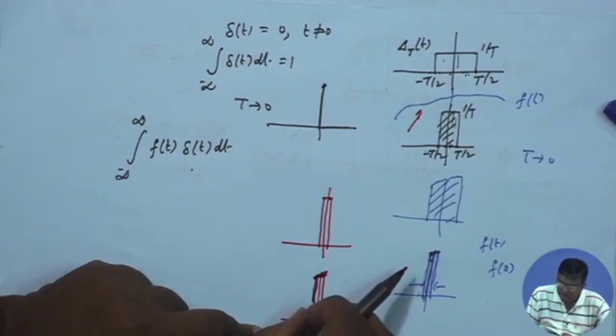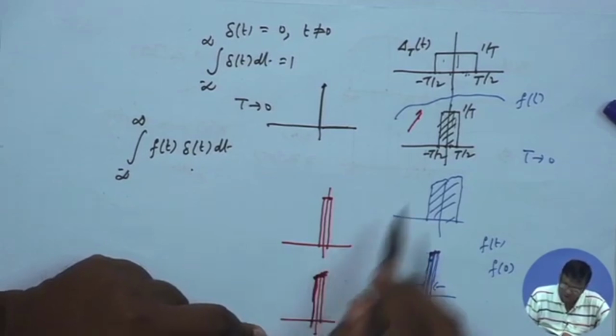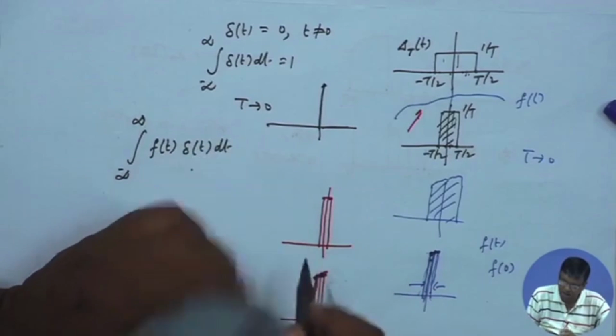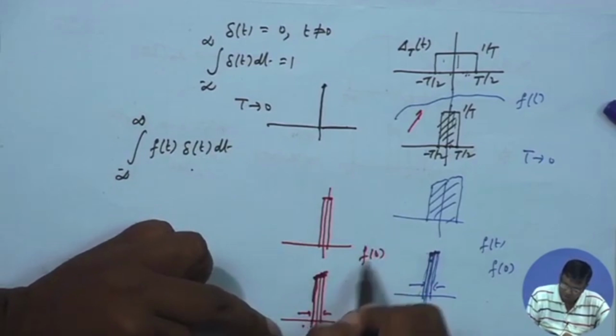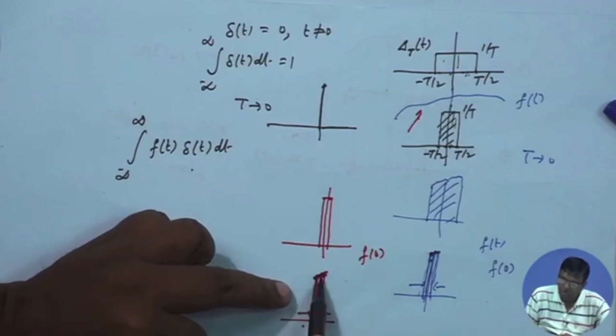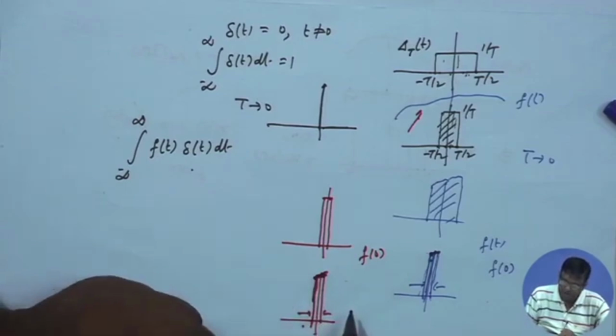If this width is very small, the function f t over this entire period, minus T by 2 to T by 2, its value will be approximately f of 0. It will not vary much because the width is so small. So, if you approximate the height to be f 0, area under this will be f 0 into what?